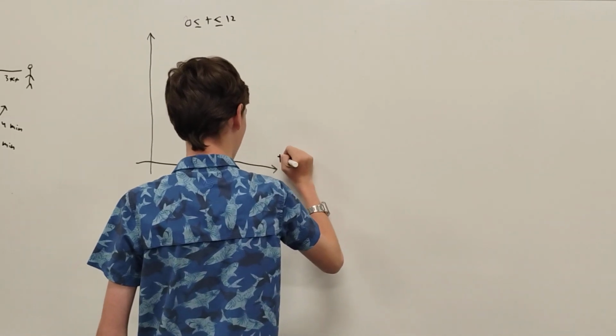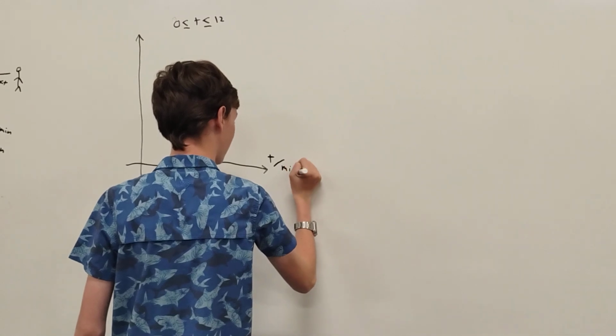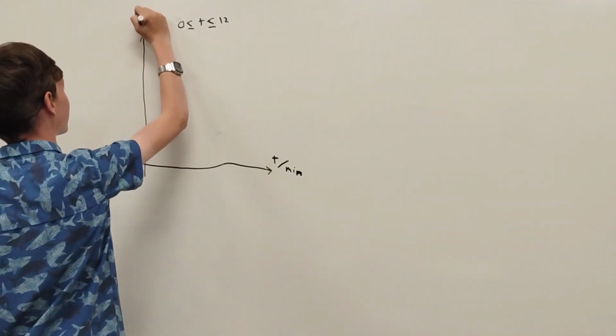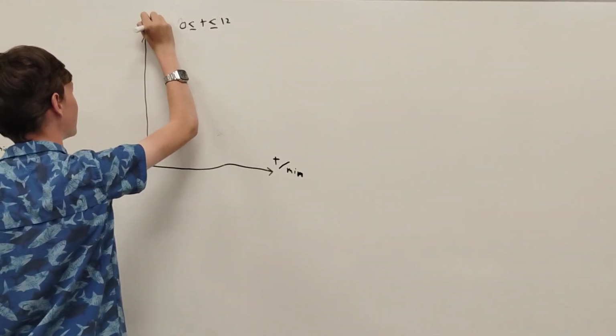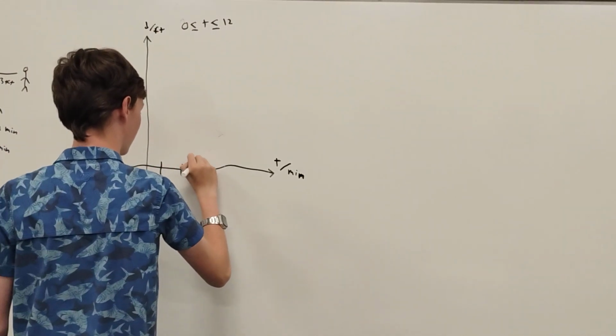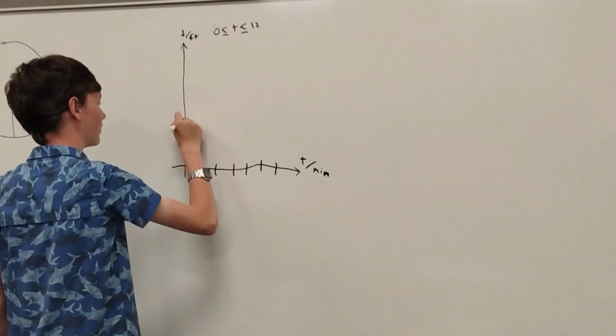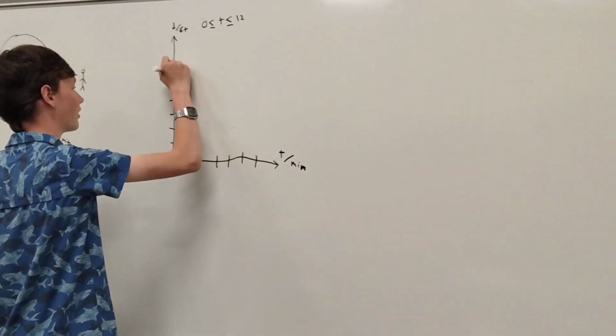So on the x-axis, we will have the variable t, which will be time in minutes, and on our y-axis, we will have d for distance in feet. So with that in mind, we can start to graph to find our equation.